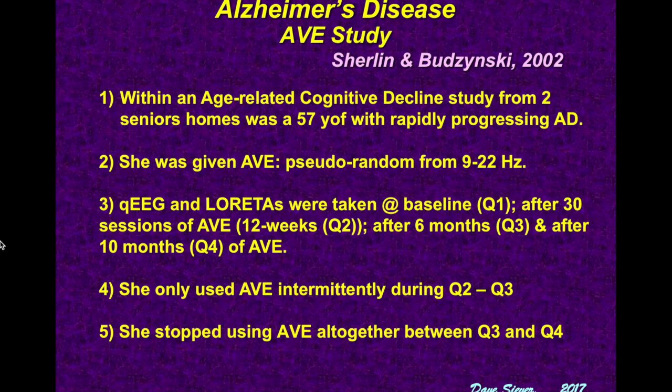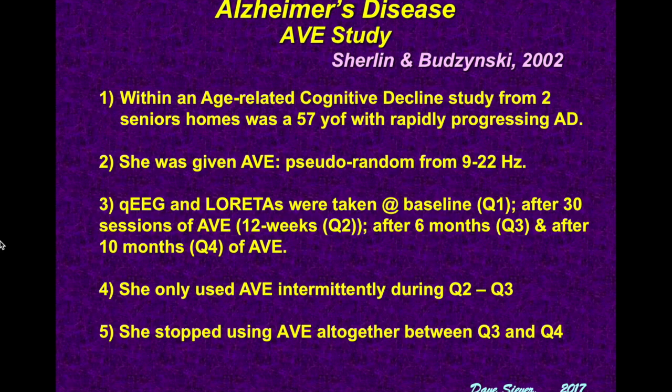And that was part of the reason why, because after her 30 sessions of entrainment, she moved back home and would walk through downtown Seattle to the seniors' home to get occasional updates with entrainment. And she stopped using entrainment altogether at the 6-month period, which is Q3, and never used it again between Q3 and Q4.